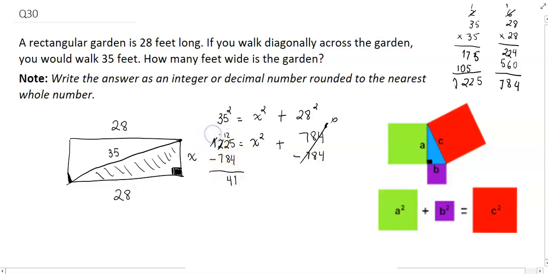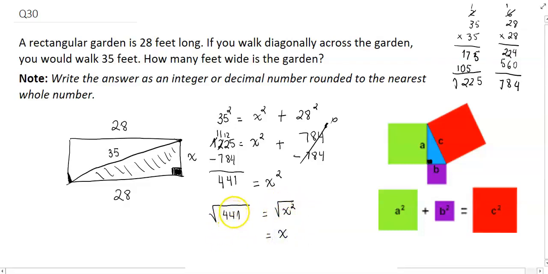Here I borrow, becomes 11, and then here becomes 4. So 441 is equal to x squared. I don't want x squared, I want only the x. So I'm going to take the square root of both sides. So here becomes x, because 2 divided by 2 is 1, goes out as an x.